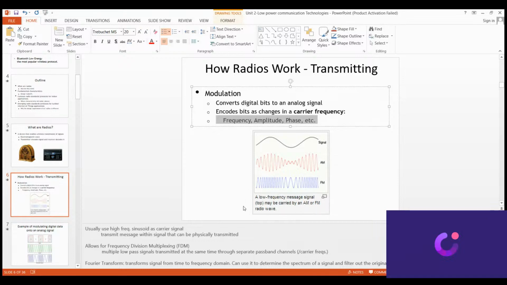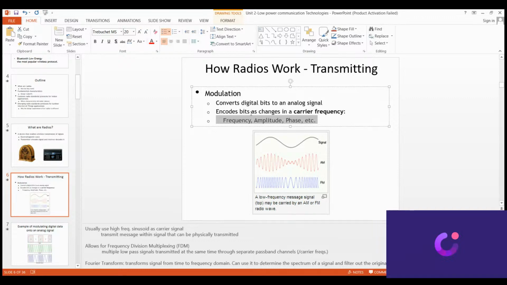So depending on the message being transmitted, multiple low pass signals can be transmitted at the same time through separate baseband or carrier frequencies. All these are there to ensure that the data is transmitted.